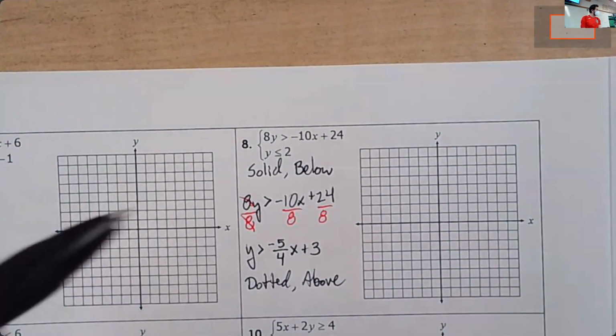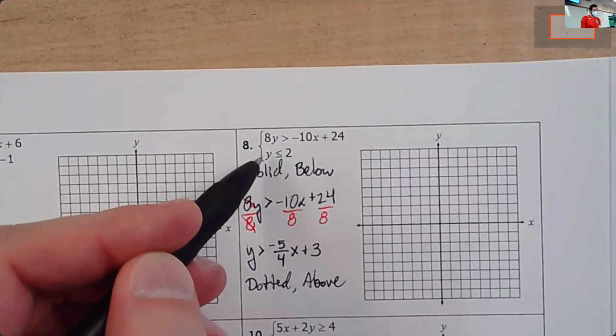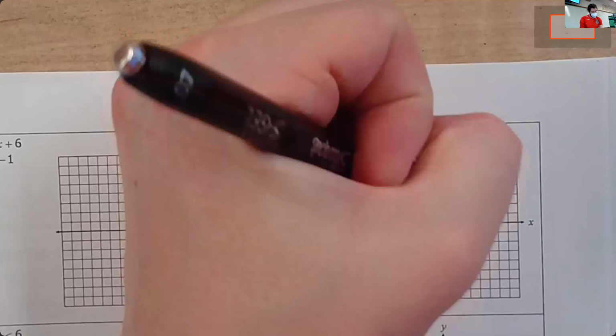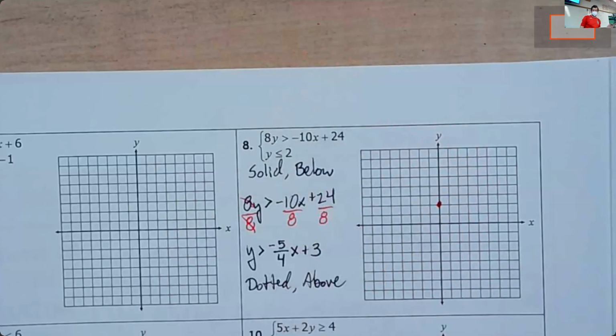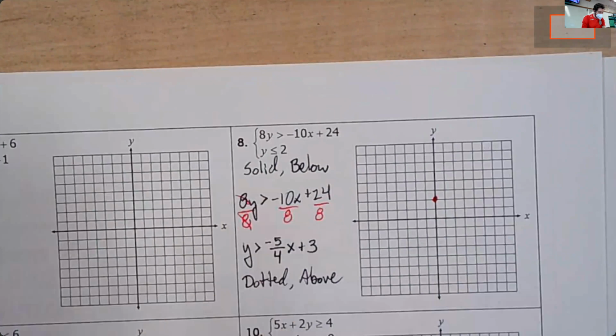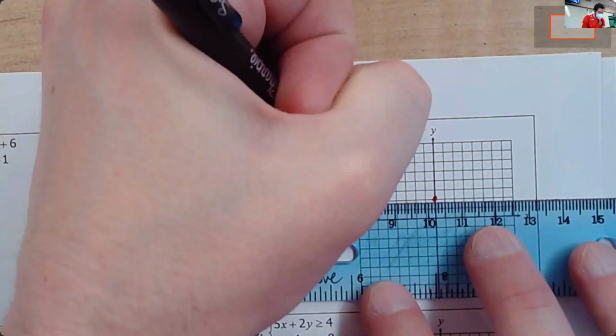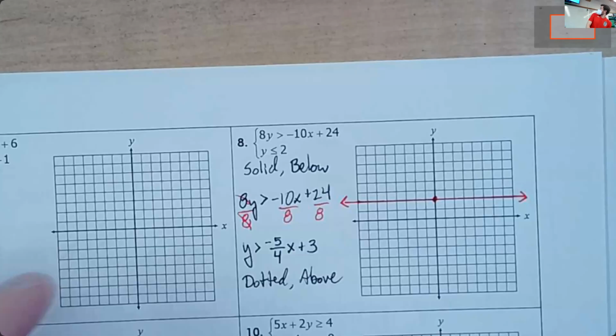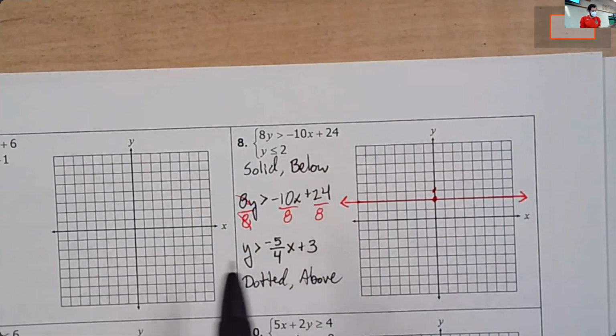And this horizontal line will happen at positive 2. So we put a point on the y-axis at 2, and we just draw a horizontal line straight through that. And it's going to be solid. A solid line there, horizontally across. And then the other one has a y-intercept of 3. So we're going to go up to 3, put a point. And then our slope is negative 5 over 4.